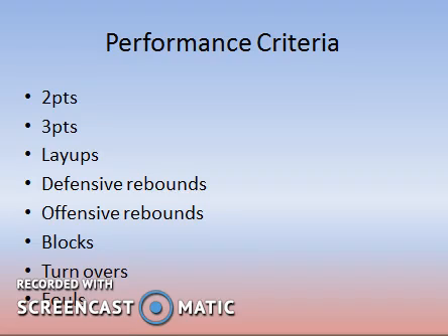In basketball, the performance criteria we have chosen to use is 2 points, 3-pointers, layups, defensive rebounds, offensive rebounds, blocks, turnovers and fouls. Some sports, if simple in nature such as snooker, may only have a few performance criteria such as safety success. In comparison, more technical sports such as basketball will have a more exhaustive list to include factors.